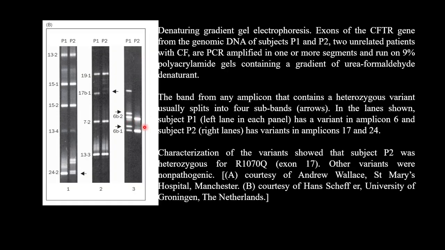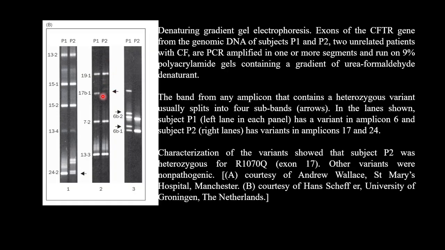But in the case of P2, it is absent. Similarly, in patient P2, you can see there are variants for the heteroduplexes. This is the homoduplex like patient P1, but this is the heteroduplex because of the mutated sequence.